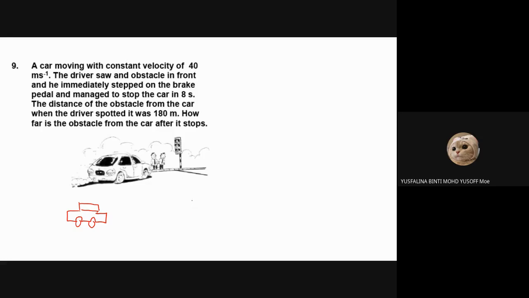It says a car moves with a constant velocity of 40 m/s. When the driver saw the obstacle and stepped on the brake, the final velocity is 0, so V is 0. The 40 is the initial velocity, U. He managed to stop the car in 8 seconds, so T is 8.